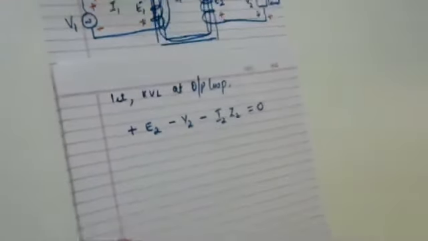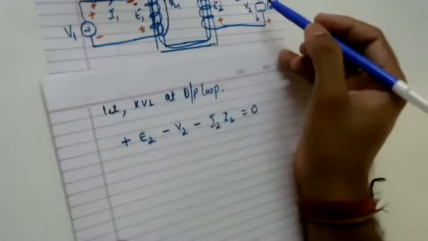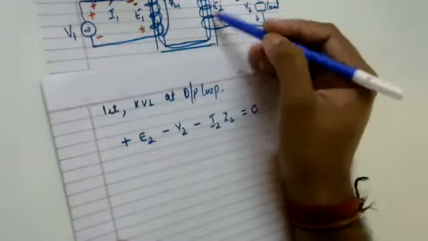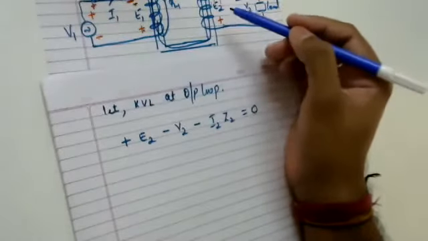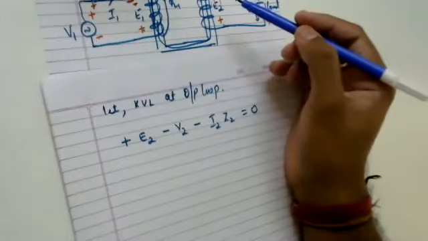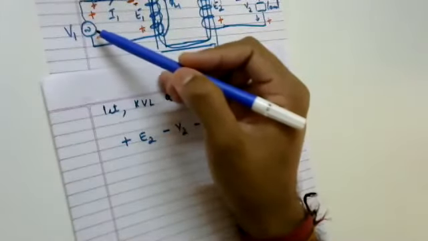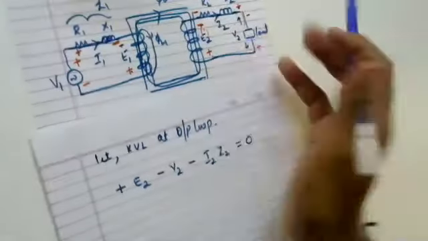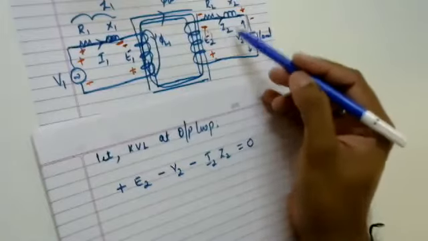Now I can write this equation to get the voltage as an induced EMF. For the input loop, I was writing the equation for V1, which is the source in my primary circuit. Similarly, I want to write the magnitude of my source on the secondary.